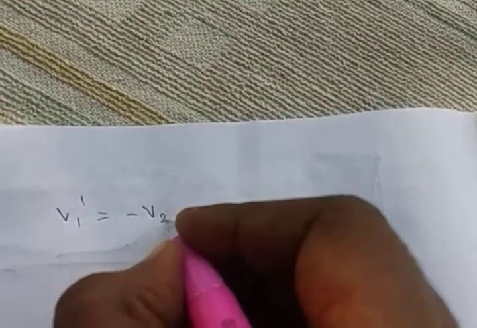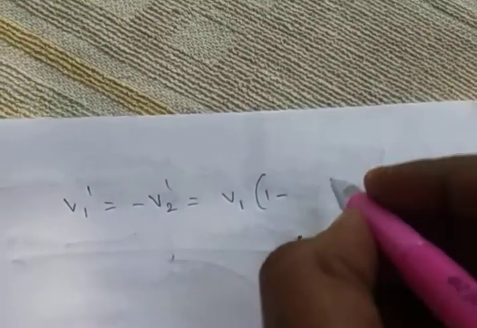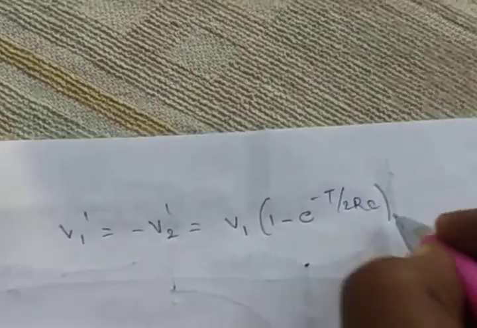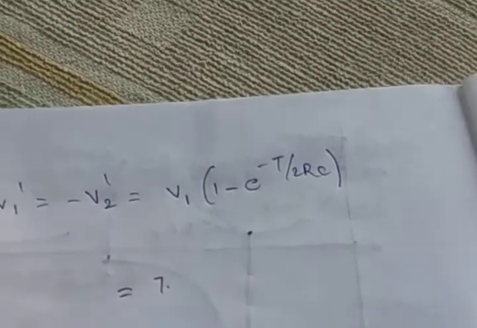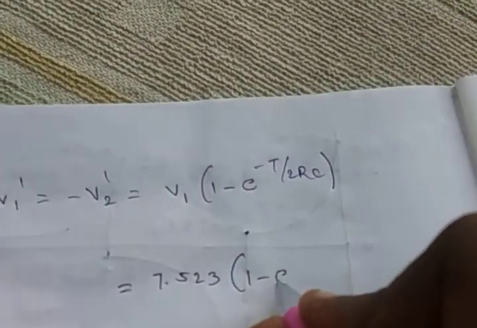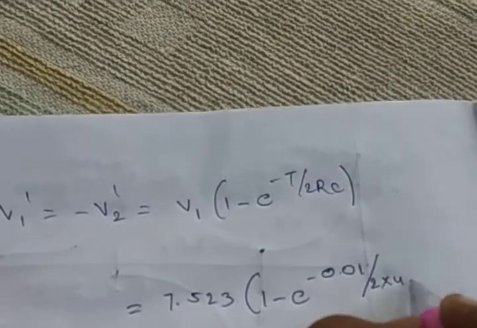Now we have to calculate the value of V1 dash, which is equal to minus V2 dash, equal to V1 into 1 minus e power minus T by 2RC, which is 7.523 into 1 minus e power minus 0.01 divided by 2 into 4.5 milli.